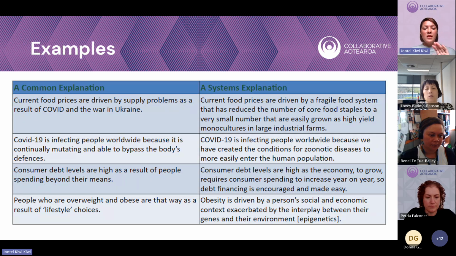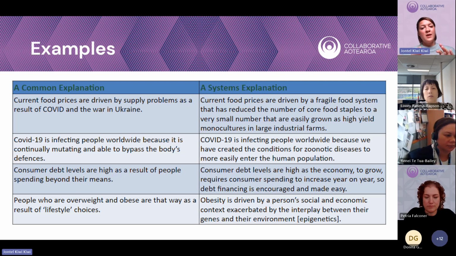So I just wanted to give a couple of examples around the difference between common explanations and systems thinking explanations. These are not meant to be fully comprehensive examples of explaining a whole situation, but it's just a different way of looking at things.